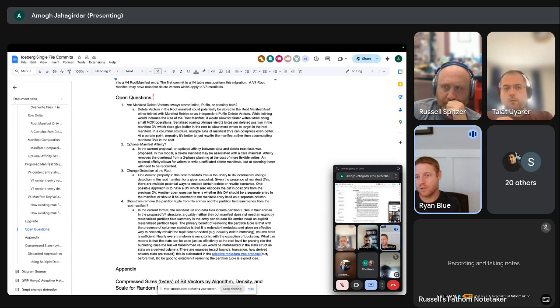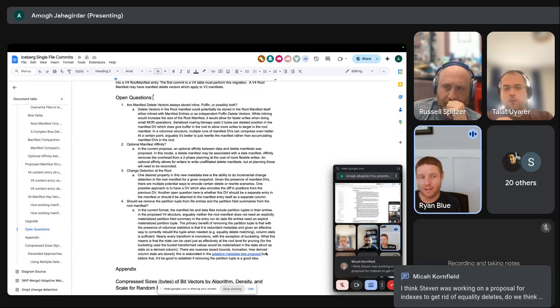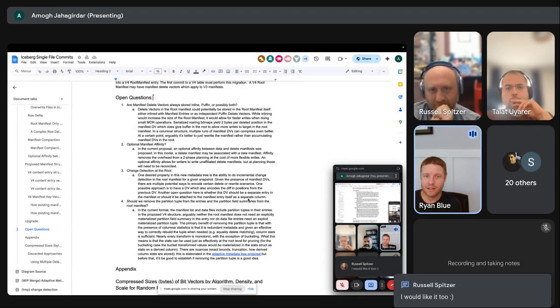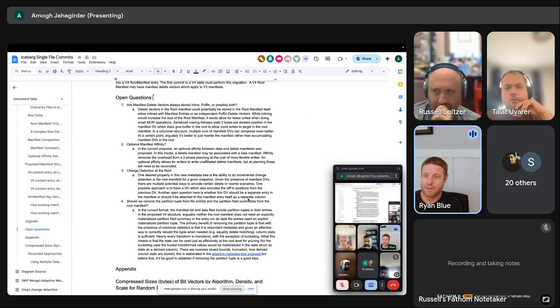So this was, we can implement maintenance or we can look into other structures that allow us to have cheaper writes. So you might have an index structure that you can look up entries in to be able to create position deletes instead of equality deletes in almost the same amount of time.